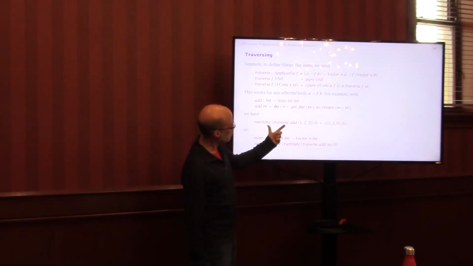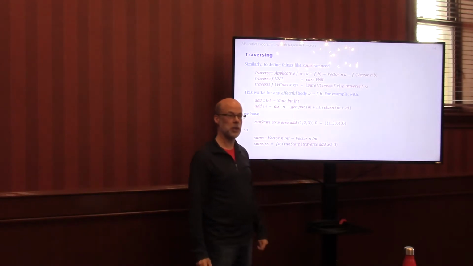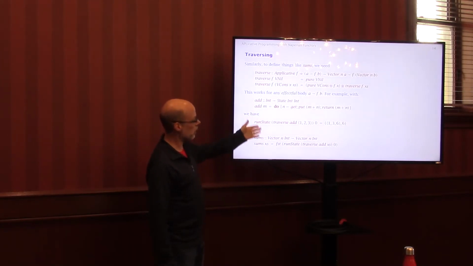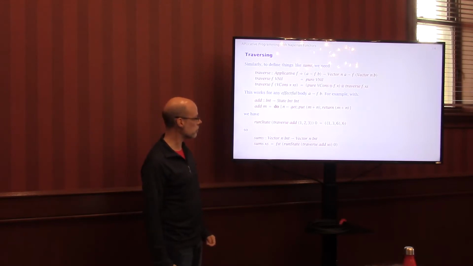And if you do that across a vector, you'll compute the running total. So this will compute the prefix sums of the vector. The run state is a bit clunky, but this kind of stateful thing enables you to do scans over vectors.